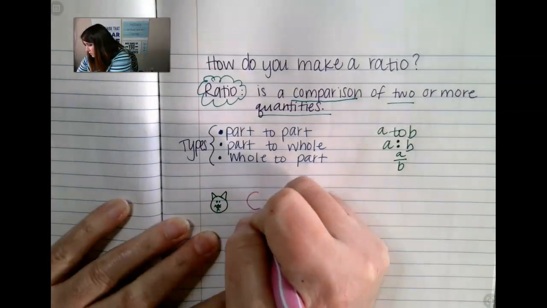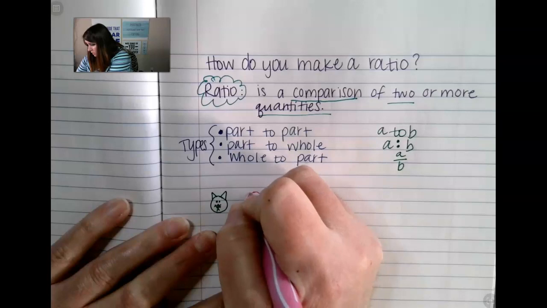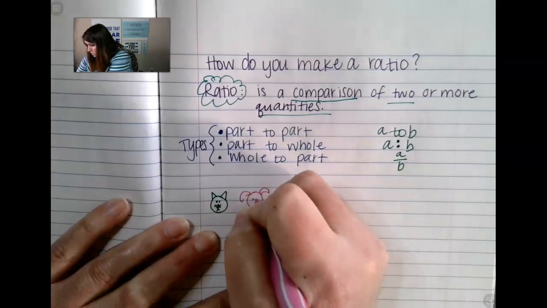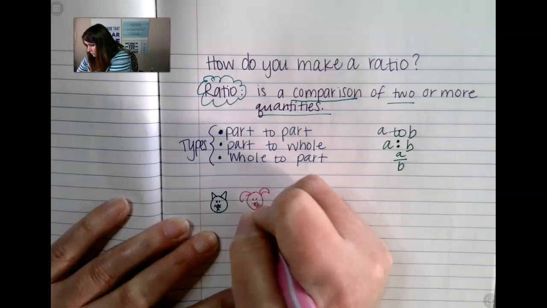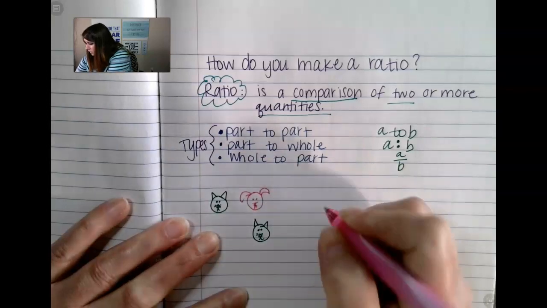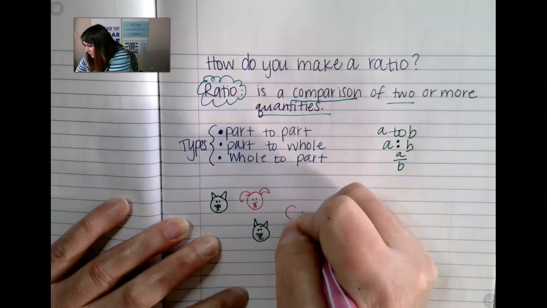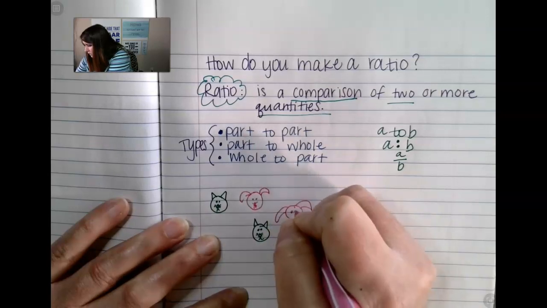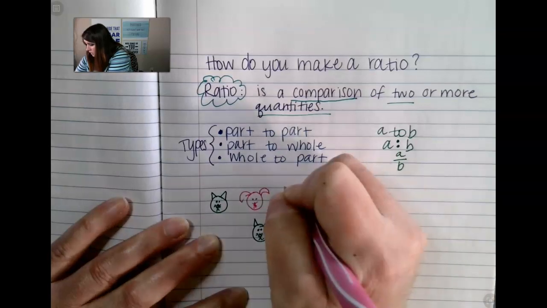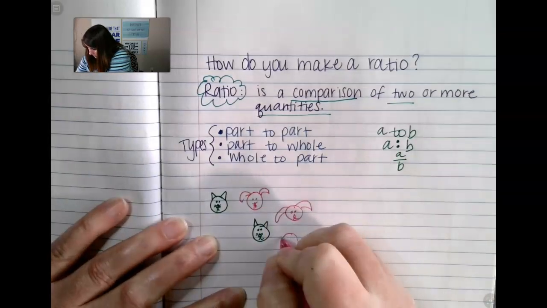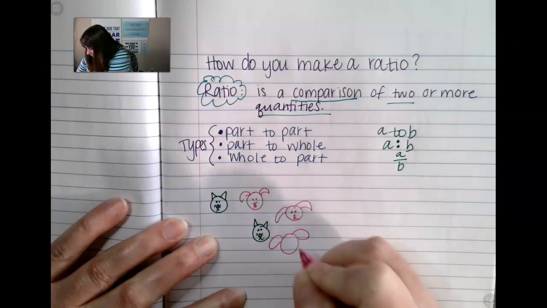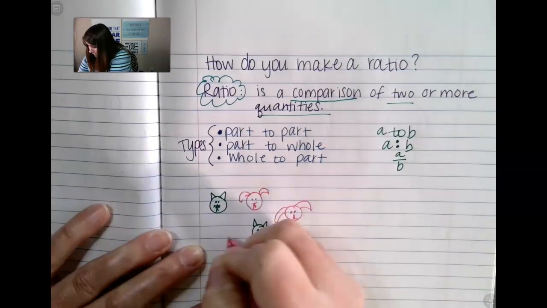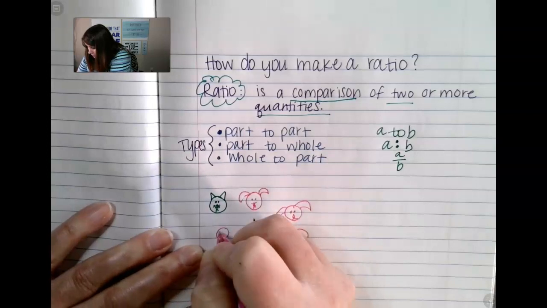So go ahead and draw out some dogs. One dog. Okay, and here is another dog. So just quickly draw out some dogs. We want 6 of them. Here is another dog.